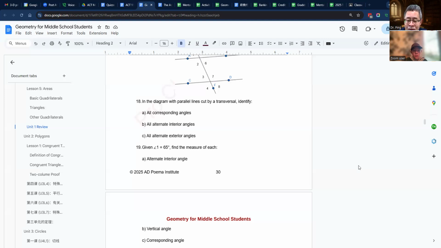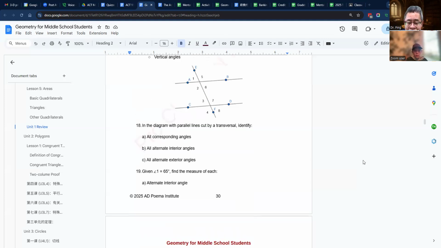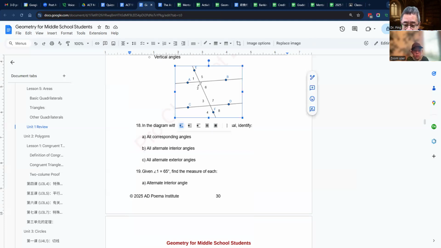Okay, so angle 7, we know angle 3 will be 65. So 65 plus, okay, we find the alternate interior angles. Alternate interior angles is this one and that one.